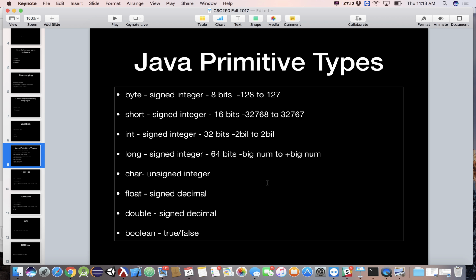The bigger the value you put in there, the slower it gets, and also the more memory it takes up, because it's not a fixed amount of memory like these are. All right, so 4 different hammers for 4 different size jobs.